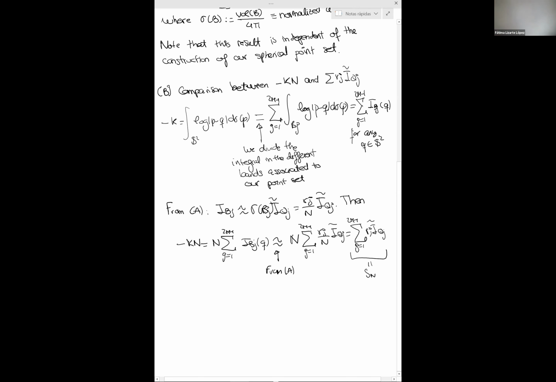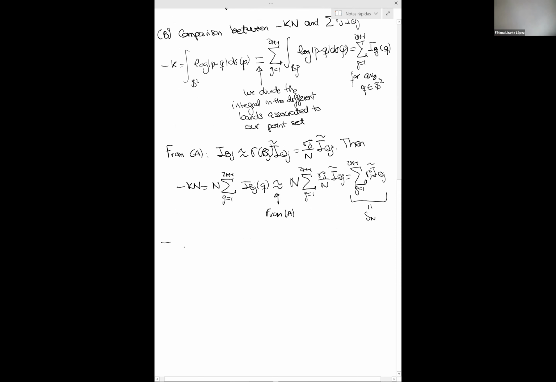The difference between these two terms turns out to be rather small, as said, if Q is not too close to the poles.